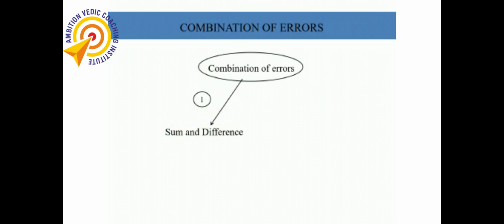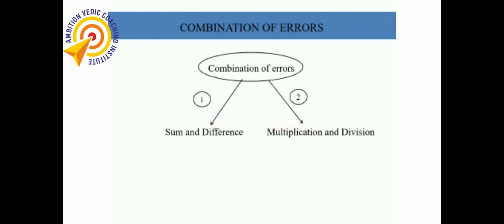And the second, obviously we know, is multiplication and division. So in two different ways these errors come together. It may increase, it may also decrease. So the first method is sum and difference, and the second method is multiplication or division.